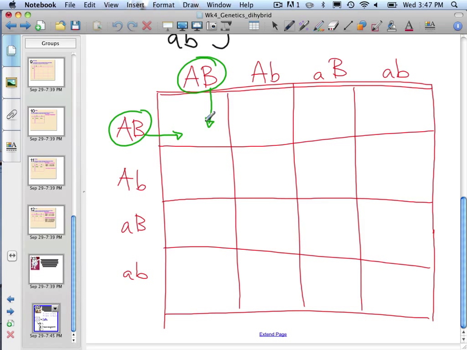So if these 2 gametes that I've just circled are fertilized, what I'm going to end up with, my genotype for this individual, is going to be a big A, big A, big B, big B. And then I can go on down this column here. So if this one fertilizes with this one, I'm going to end up with a big A, little a, big B, little b. Now I'm just going to fill in and stop talking.